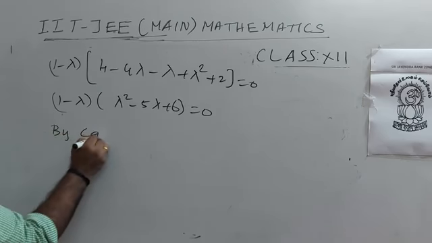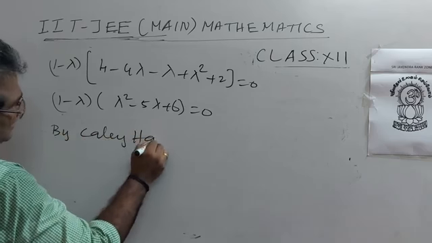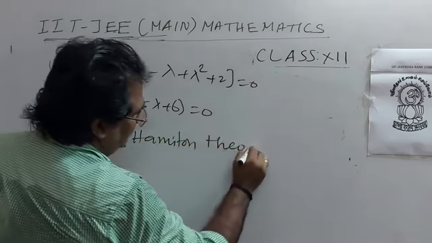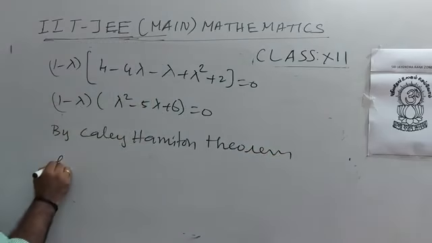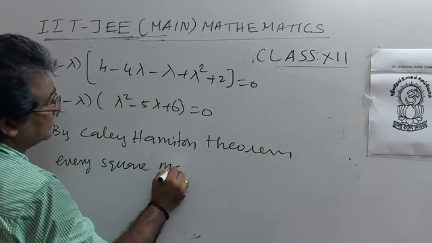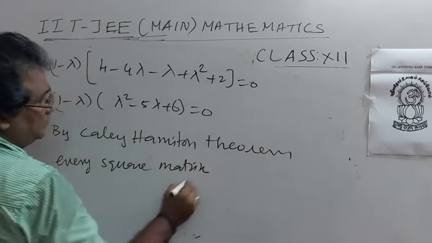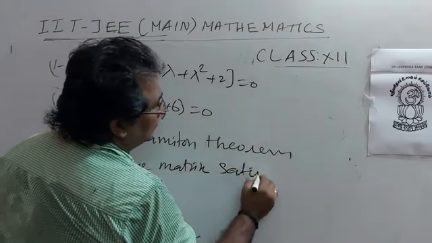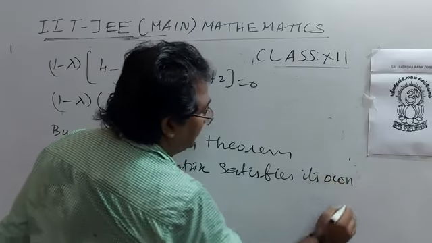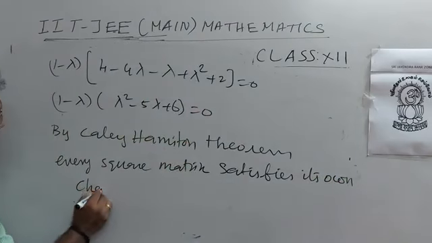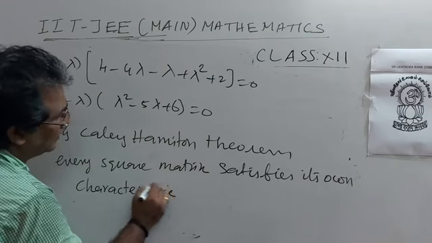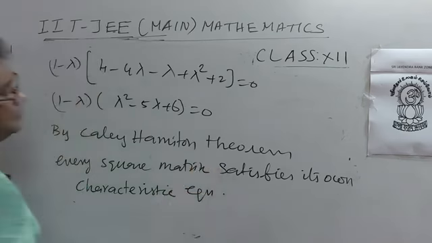By the Cayley-Hamilton theorem, every square matrix satisfies its own characteristic equation.